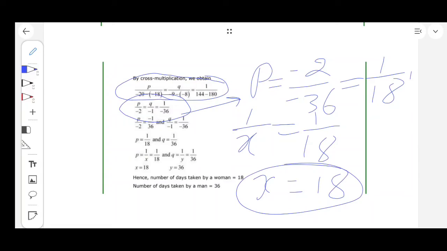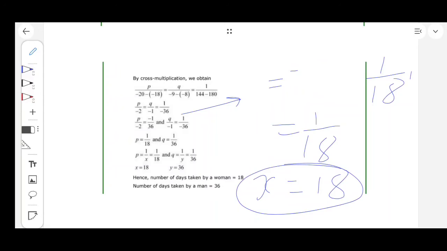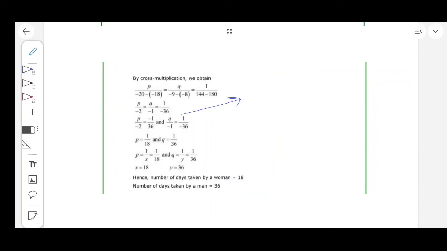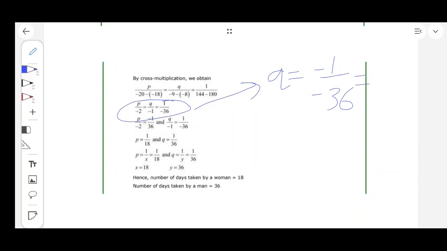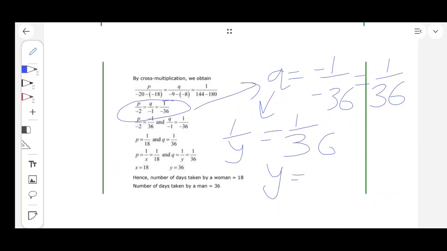Okay, and now we are going to find the value of q. Let's see. Again, using this relation we can write q is equals to minus 1 upon minus 36, or 1 upon 36, and we know that the value of q is equals to 1 upon y. So this one is equals to 1 upon 36, and we'll get the value of y equals to 36.